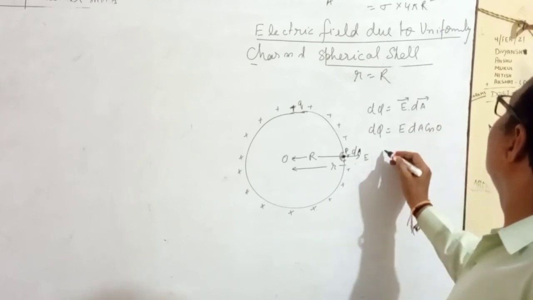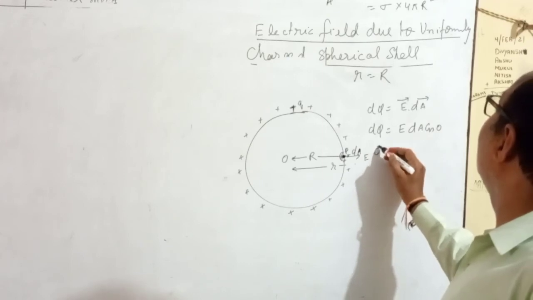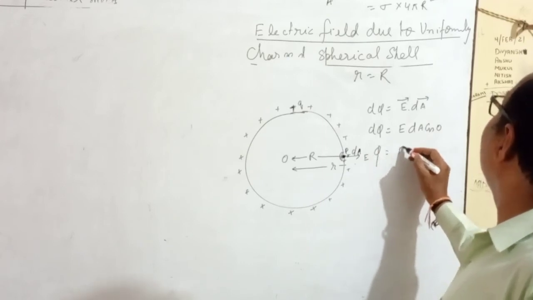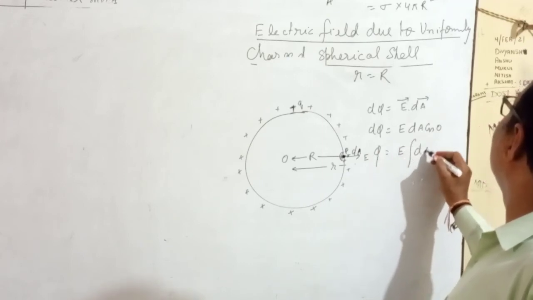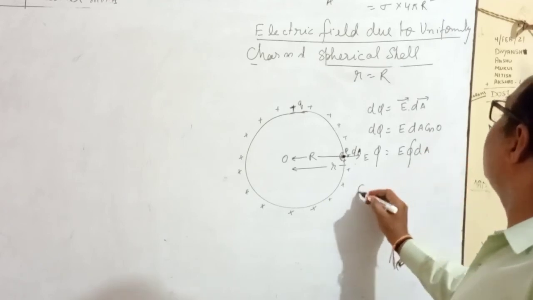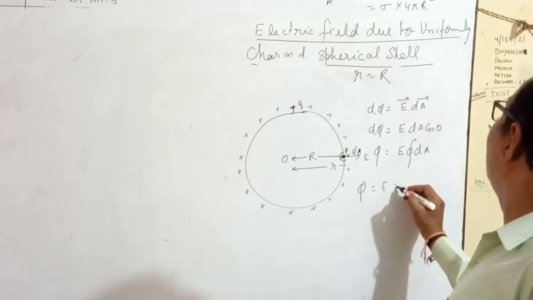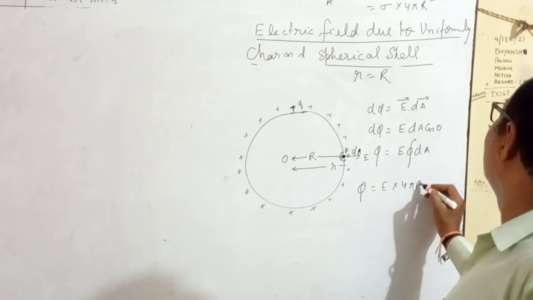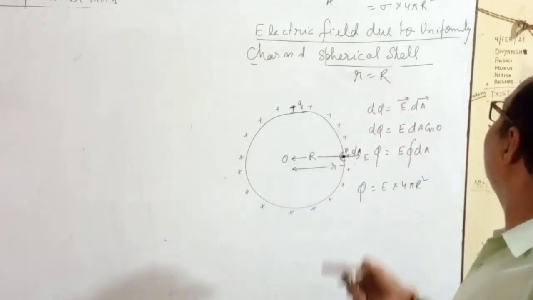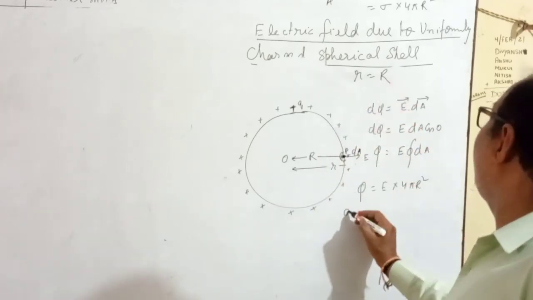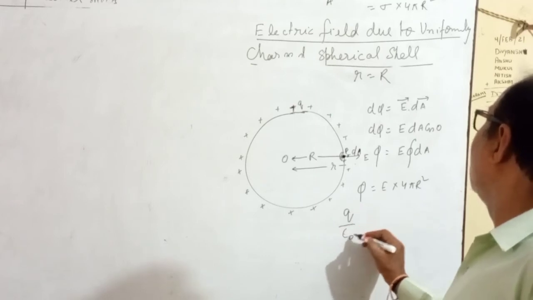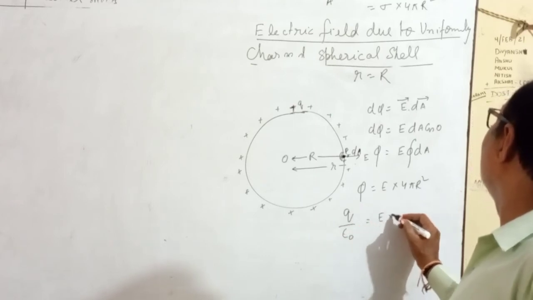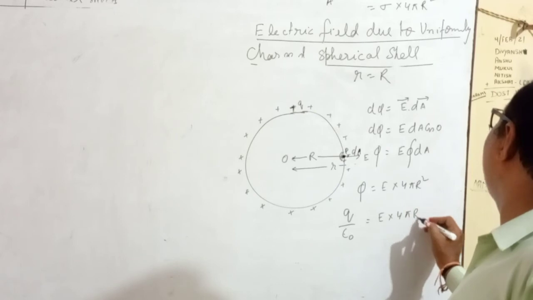Now if you integrate, phi equals E into integral of dA, which equals 4 pi r square, because small r and capital R are equal. And in place of phi you can write Q upon epsilon naught. Same thing I am repeating.